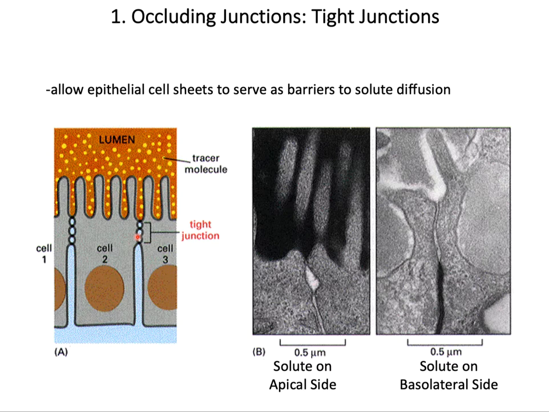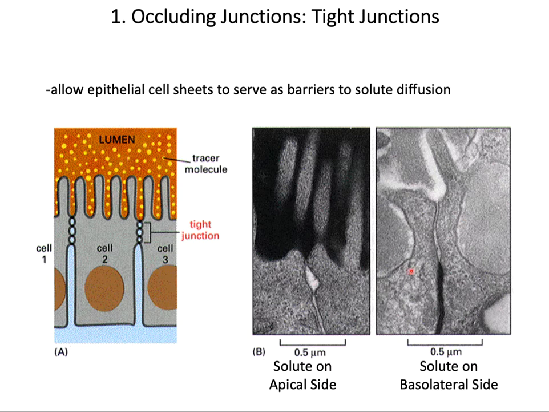What you can do is take some kind of tracer molecule and put it on one side of the epithelial layer. For example, in this diagram on the left-hand side, you have a tracer molecule that is electron dense so that you can visualize it on an electron microscope. But you can imagine that you could also do this experiment with a fluorescent tracer molecule to monitor the position of the solute.